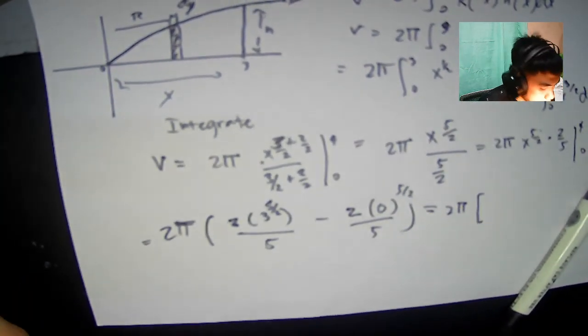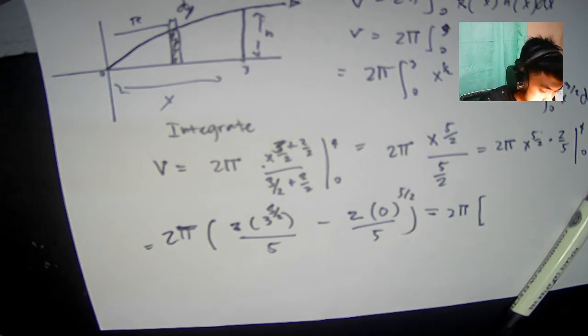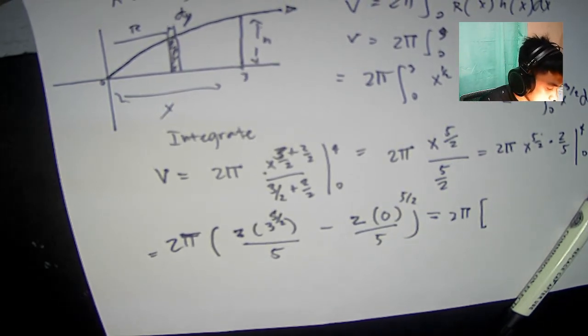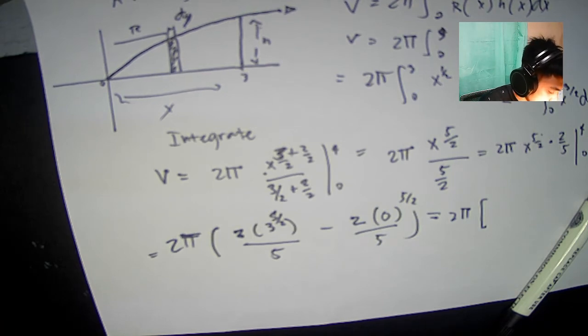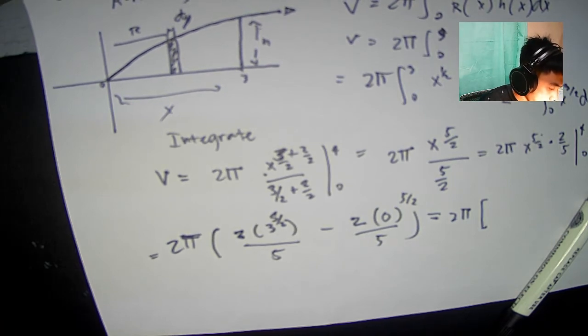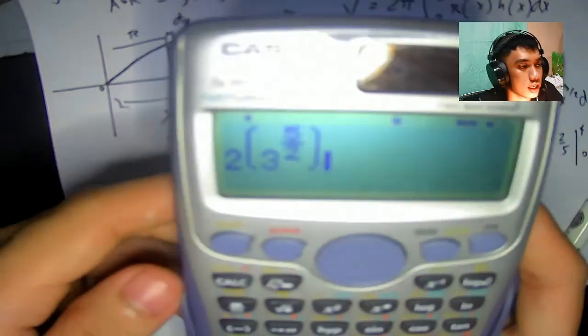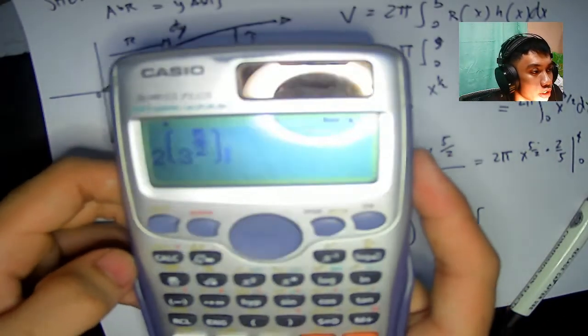You can use your calculator. So 2 times 3 is 5 over 2. So this is what I input in my calculator.